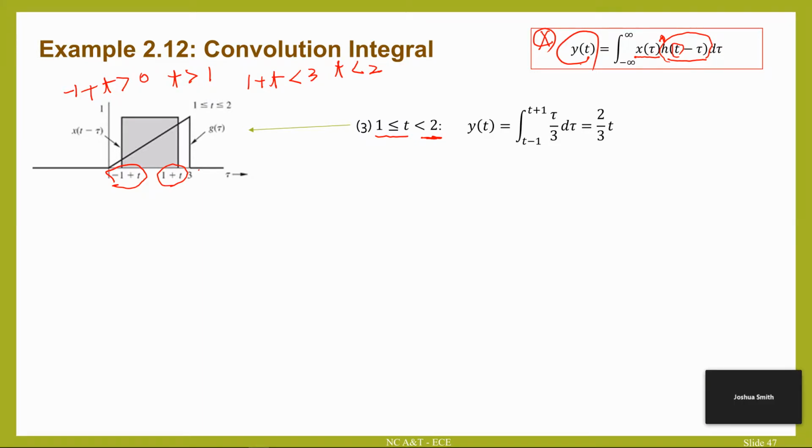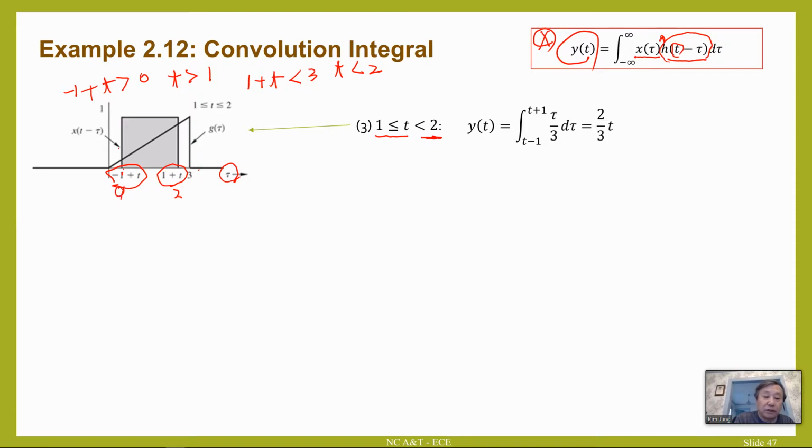So it looks like from the graphs that you've given us that you're shifting x of t through g of t in the tau domain. Is that correct? Yeah, this is the tau domain, and t is a constant. For example, if t is 1, then 1 plus 1 is 2, so that is tau equal 2, and minus 1 plus 1 equals 0, so this is the 0 position here.